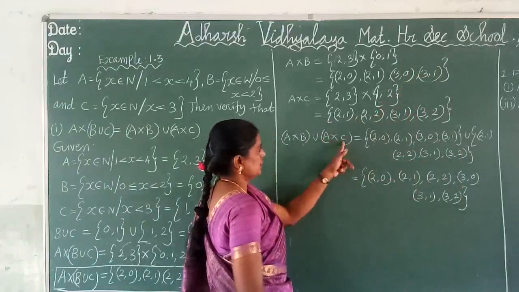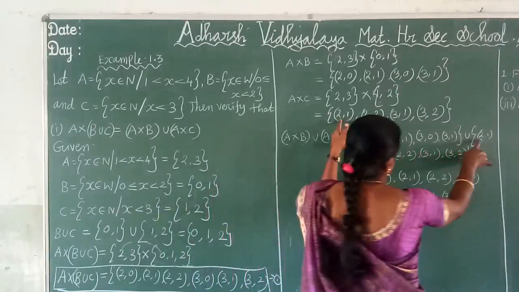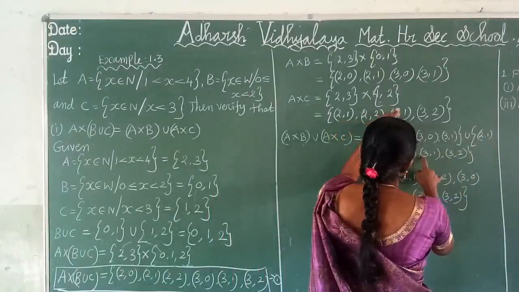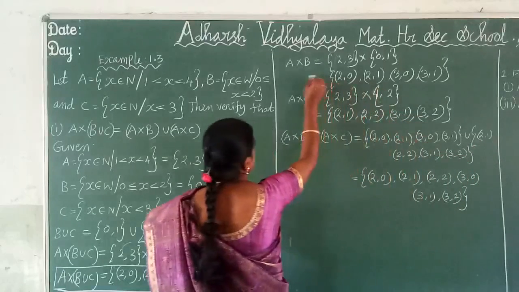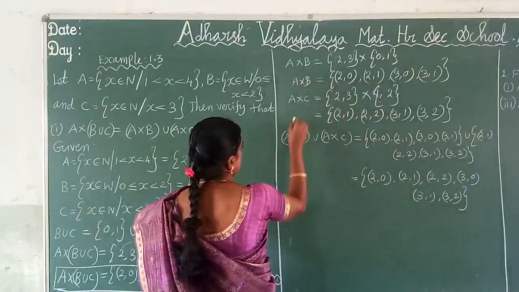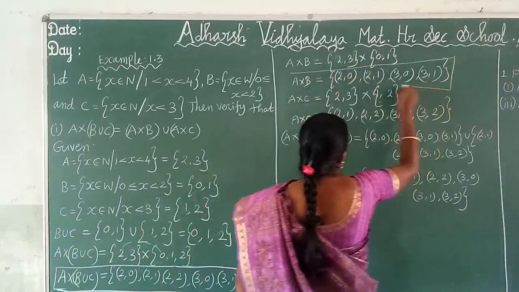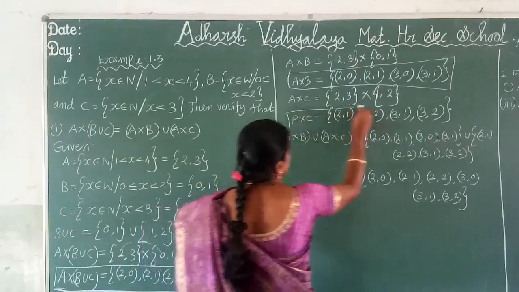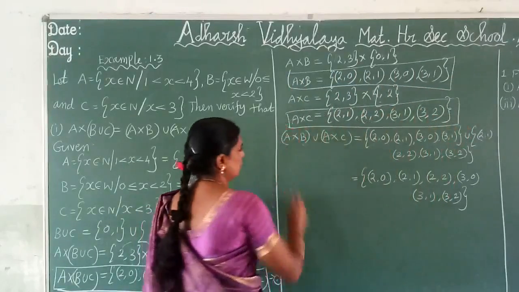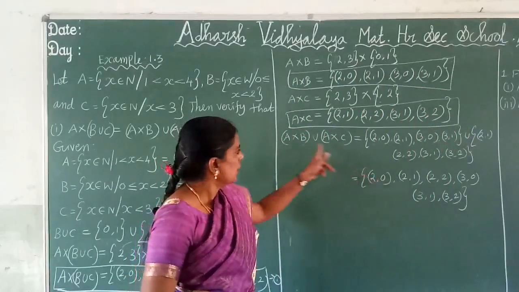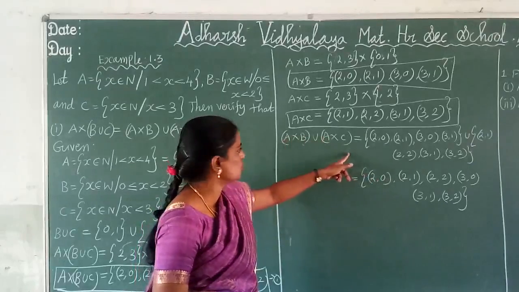Union A cross C. A cross C answer 2, 1, 2, 2, 3, 1, 3, 2. So that is A cross B answer. That is A cross C answer. These two substitute, and union means combine these two.